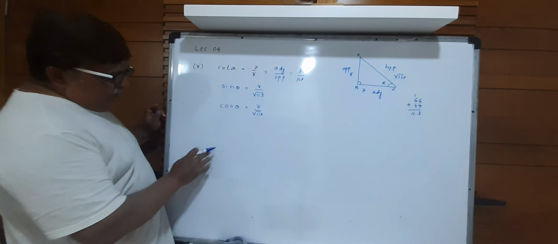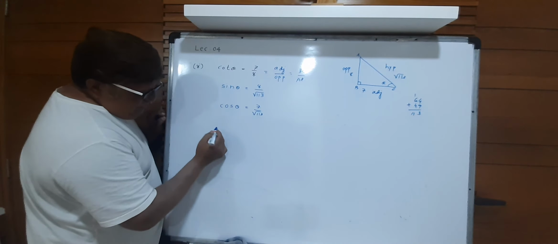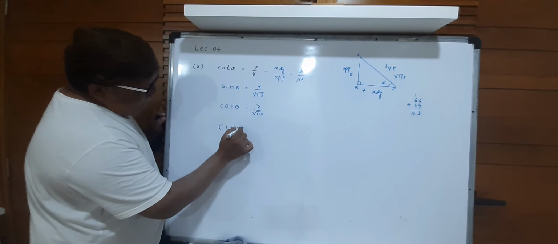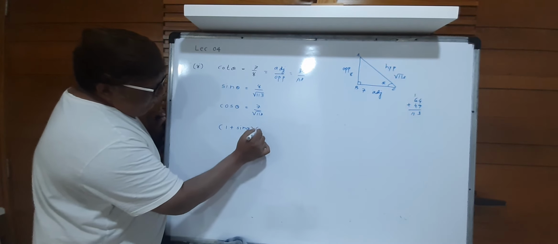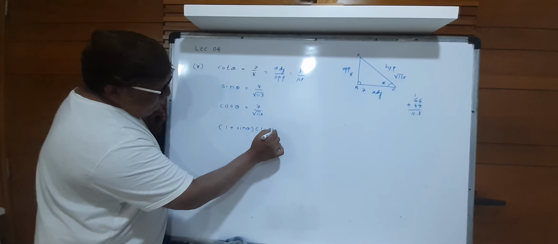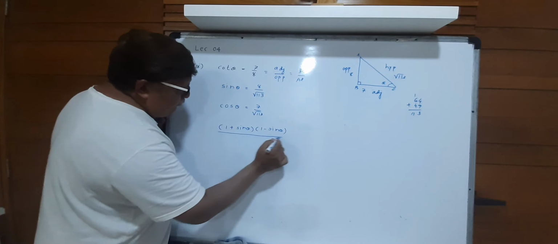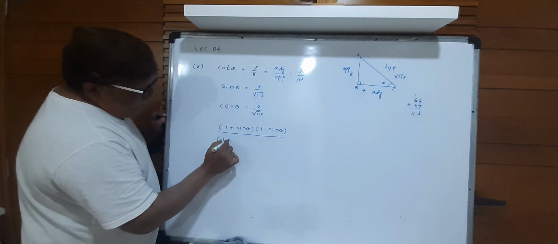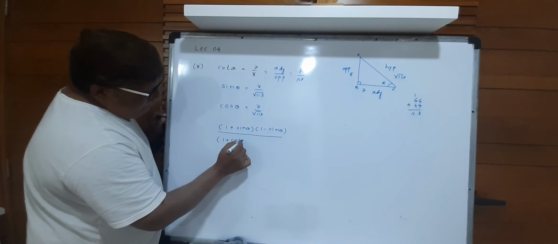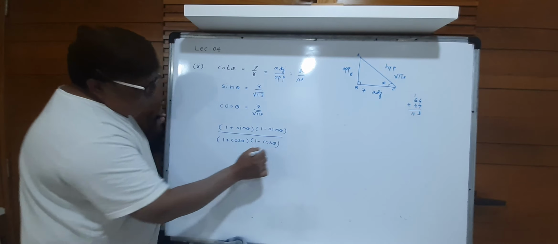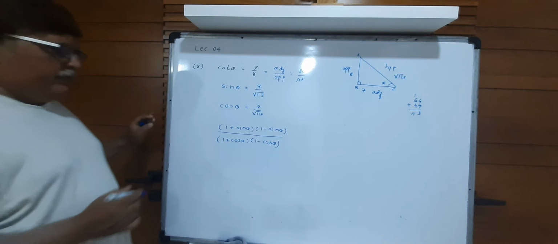Now what you are targeting to evaluate, let us write it. 1 plus sine theta into 1 minus sine theta upon 1 plus cos theta into 1 minus cos theta. This is what you need to evaluate.